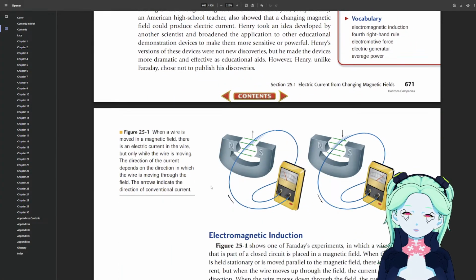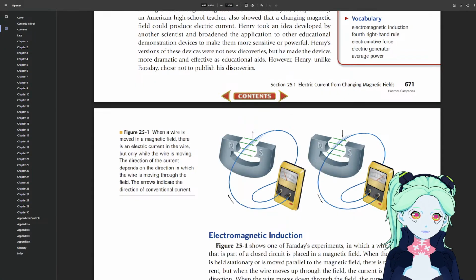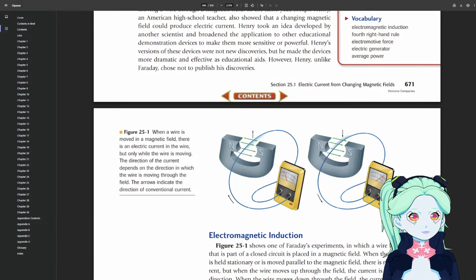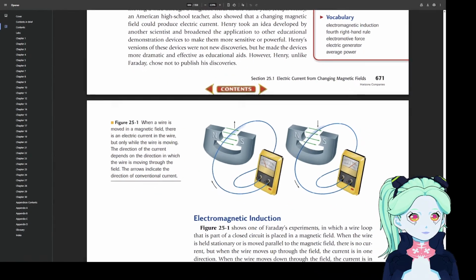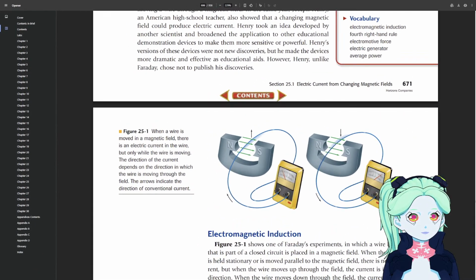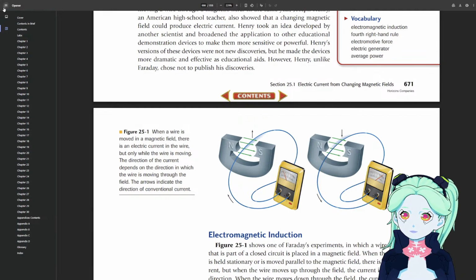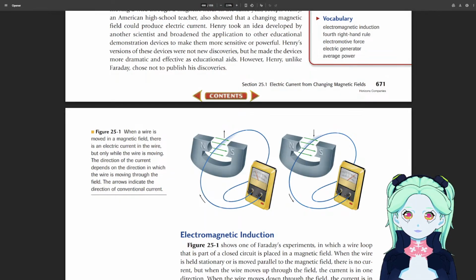When a wire is moved in a magnetic field, what about it? Actually, let's just do it like this. What was I saying?